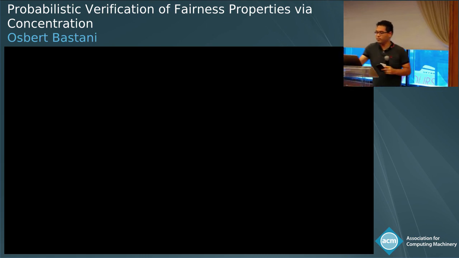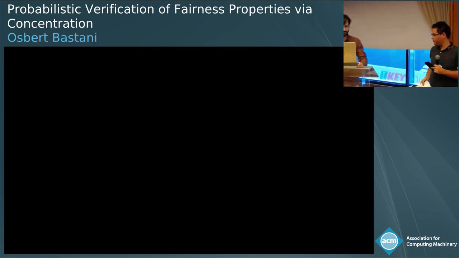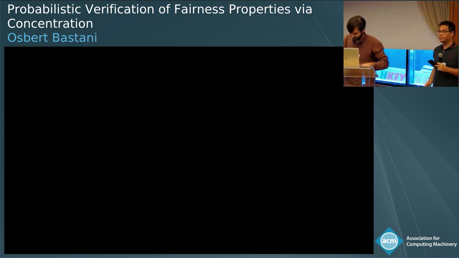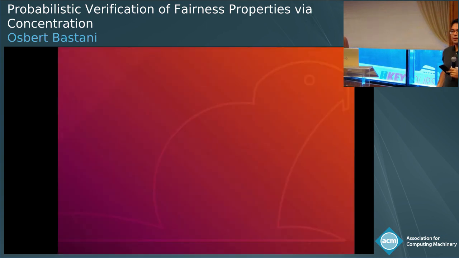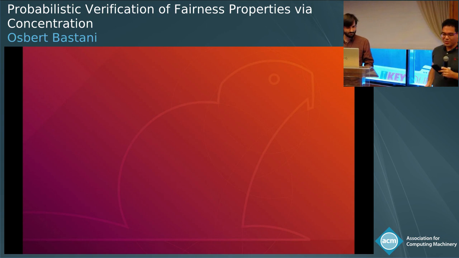Hey, it's very, very cool. So when you judge something to be unfair, are you able, maybe with the samples you have, to give any information to the machine learning expert on how to change their model? That's a very good question. Right now, that's not something we've looked into.